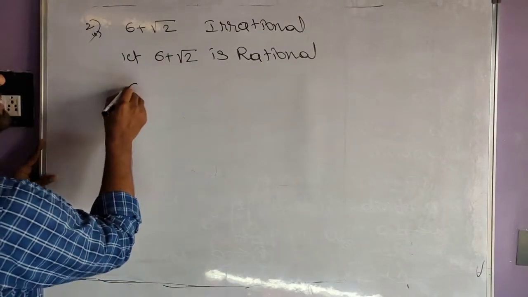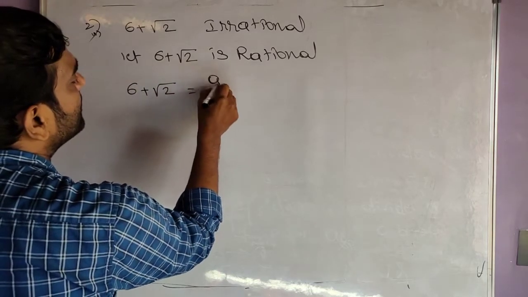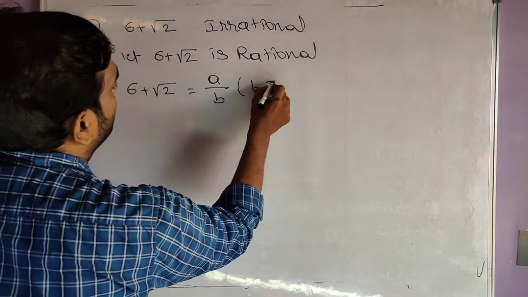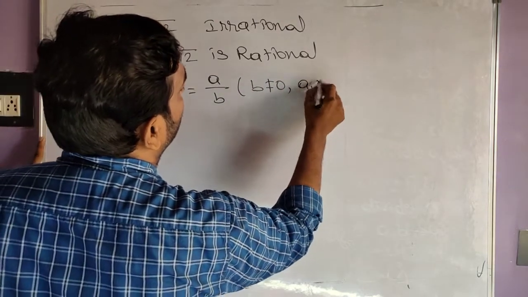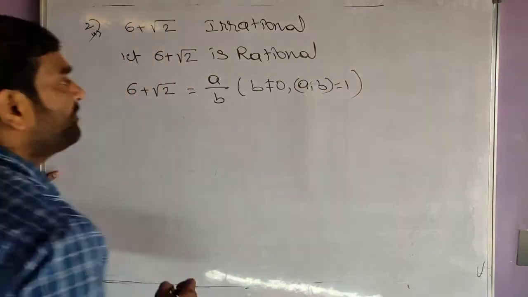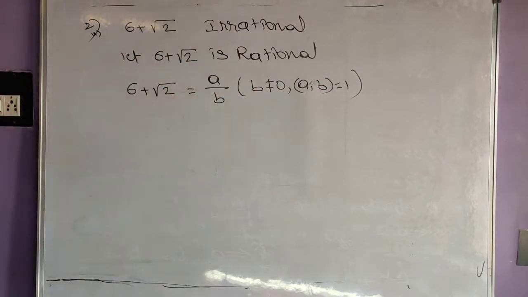If 6 plus root 2 is rational, then it is in the form a by b, with b not equal to 0 and a, b co-primes.